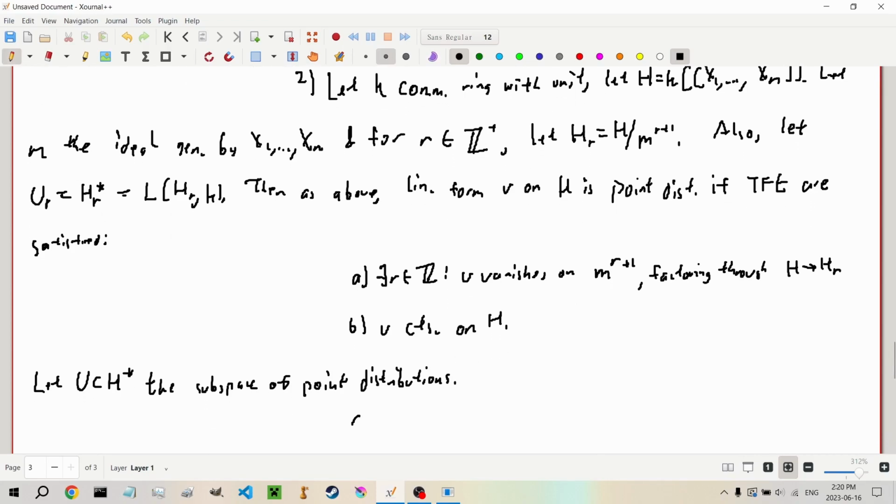Now consider the projection from H onto H_r. Dualizing, we get an injection from U_r to H star.